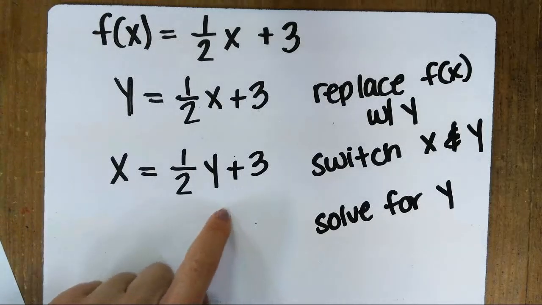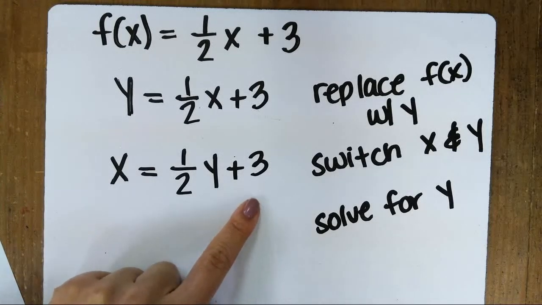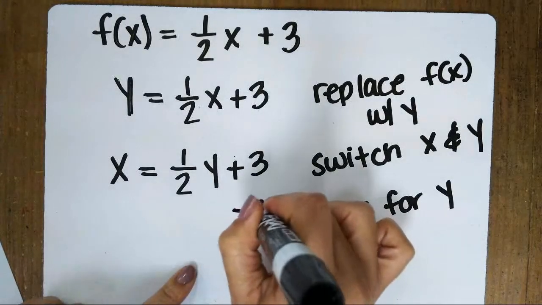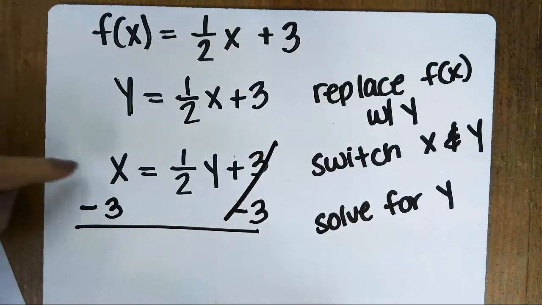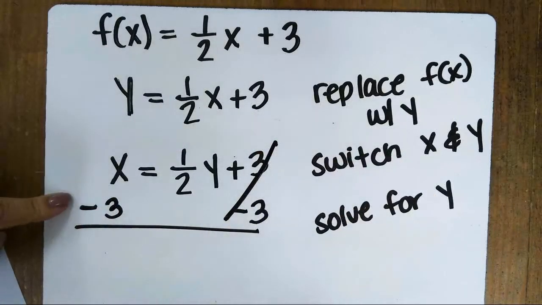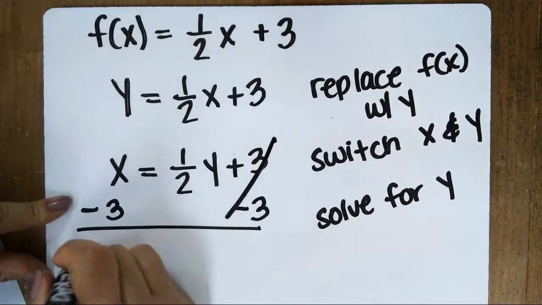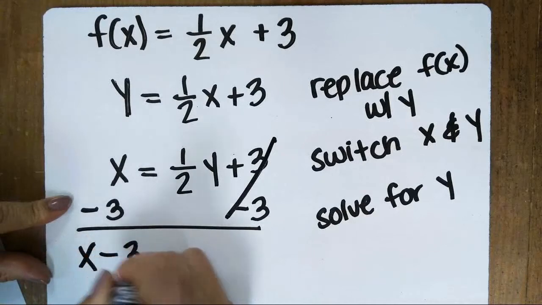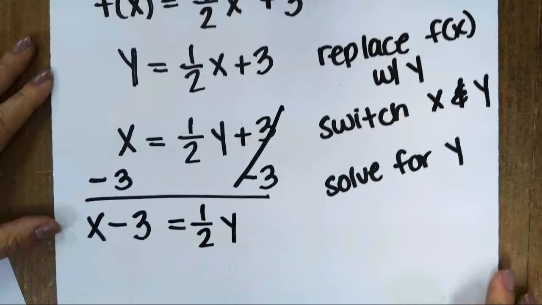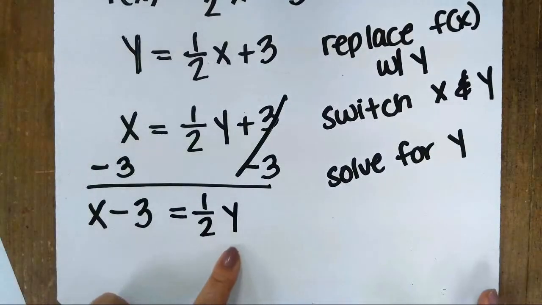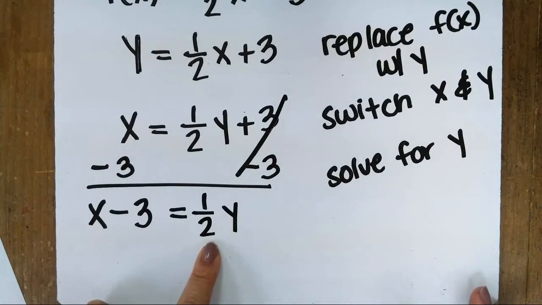So what you want to do now is subtract your 3 from both sides. Okay, so my 3's cancel out and I have x minus 3. Those are not like terms, so I'm going to leave it as x minus 3. And now I have 1/2 y on this side. Now, in order for me to get my y by itself, I need to cancel out this fraction.